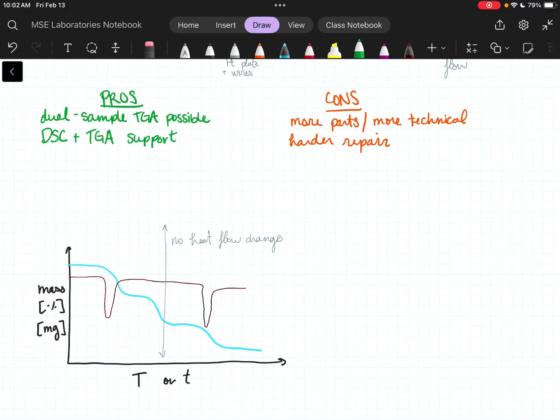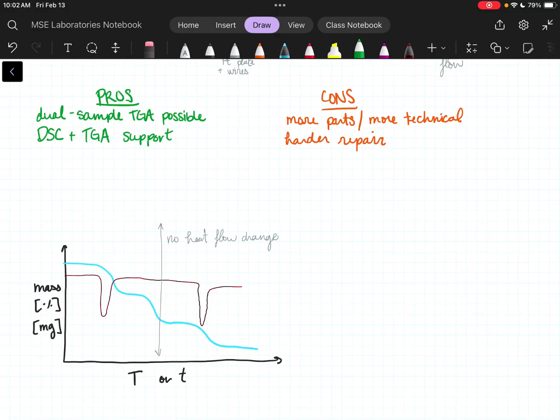And that would maybe tell us something fell out of the pan, or maybe it was a multi-phase system and not that much changed in it. And then these little peaks would tell us whether that was an endotherm or an exotherm.